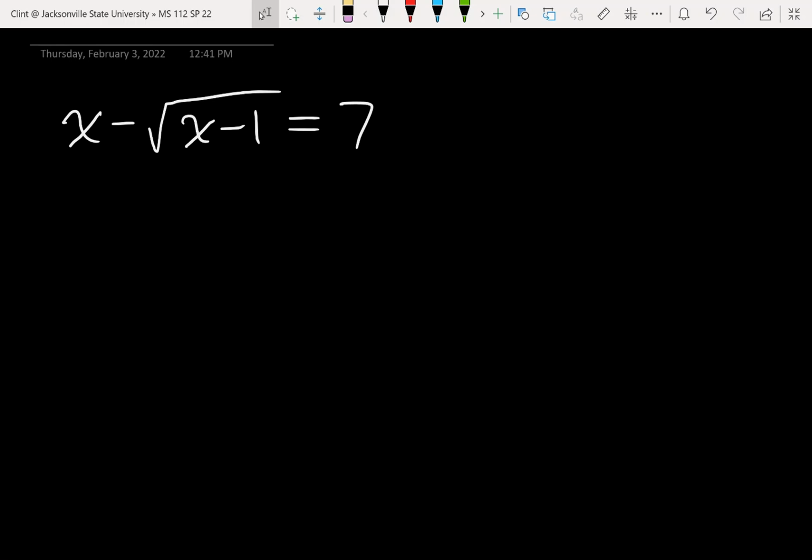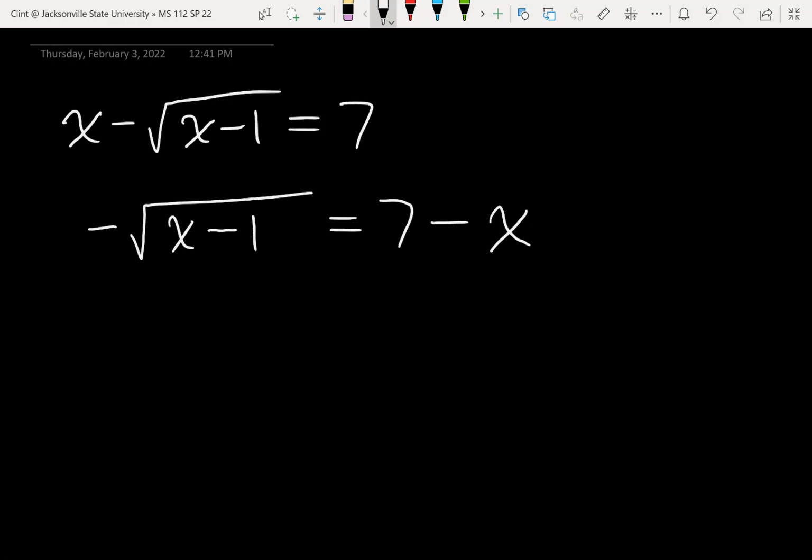So on this one, let's see, we can subtract x from both sides. Okay. And a couple ways you could go about it from here. It is a little bit different because we've got the negative out in front of the square root. We should be able to just square both sides as long as we include the negative with the radical.